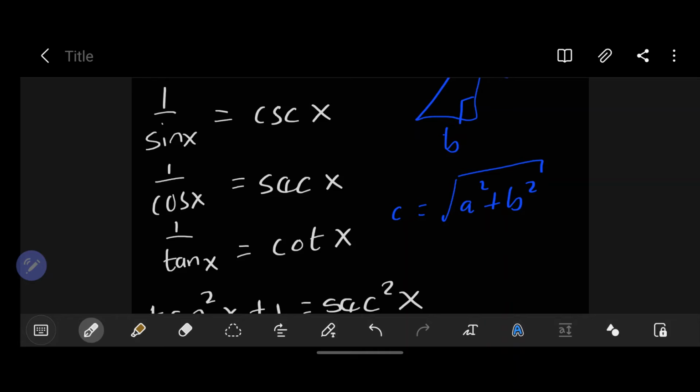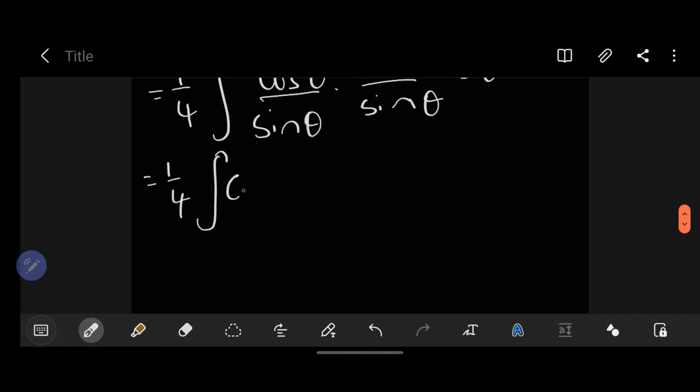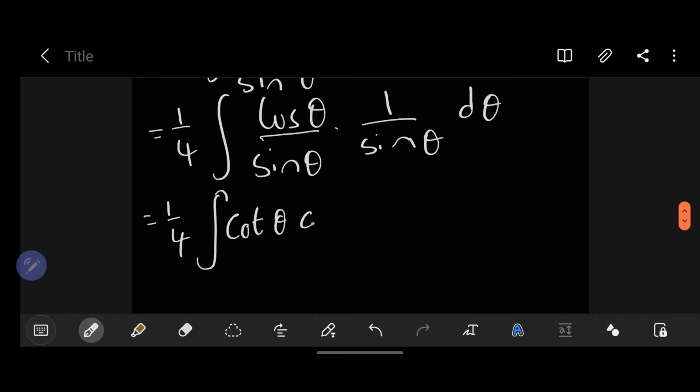So I can write this as cot theta. And 1 over sine theta gives me cosec theta, and then d theta.